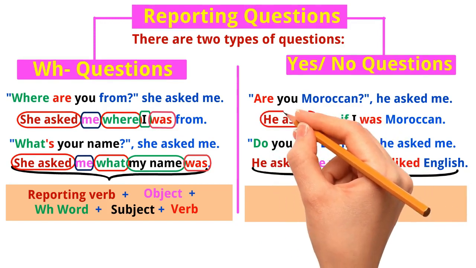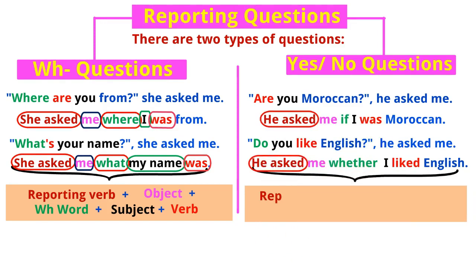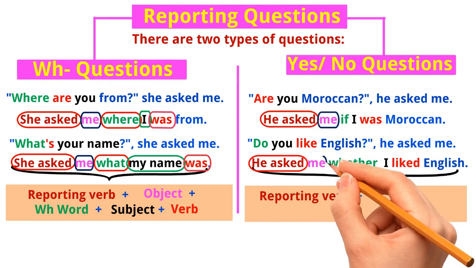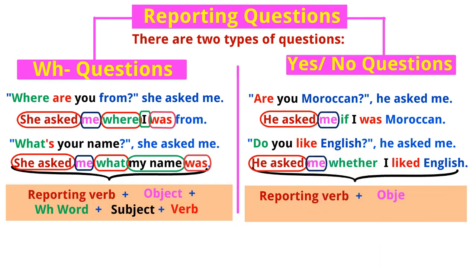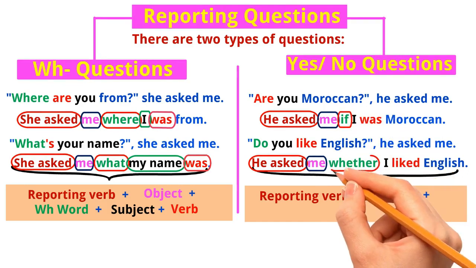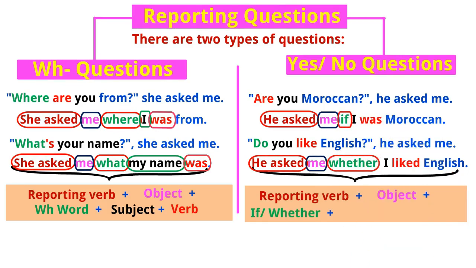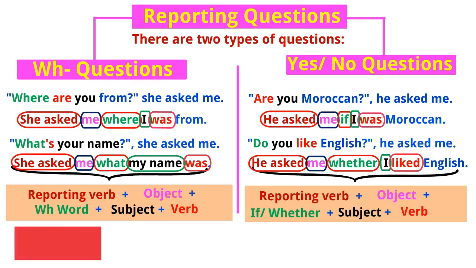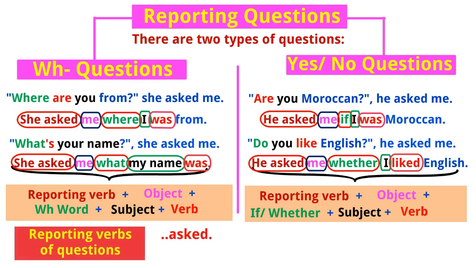We have he asked, which is reporting verb, plus me, which is object, plus if or whether, plus I, which is subject, plus was and liked, which is verb. So the rule of yes or no questions in reported speech is reporting verb plus object plus if or whether plus subject plus verb. The reporting verbs of questions are asked, wanted to know, questioned, and wondered.